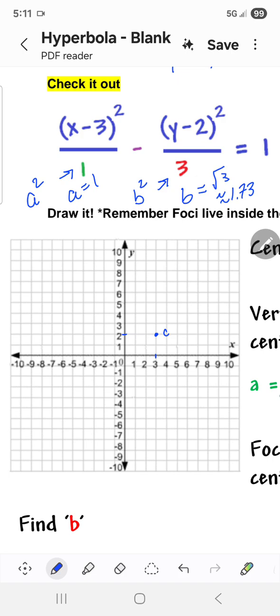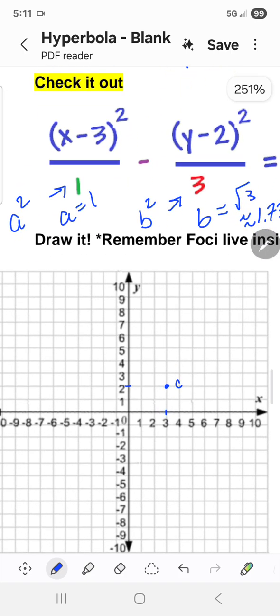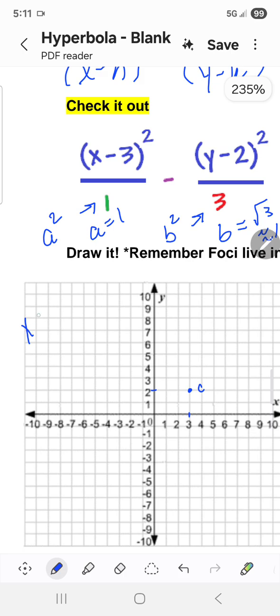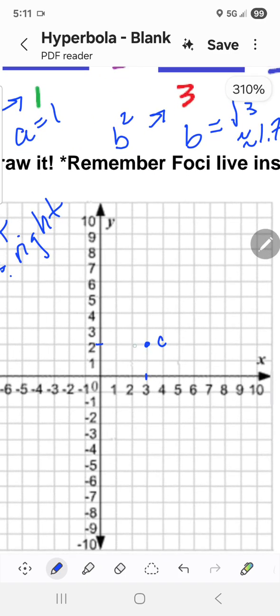Okay, I know that the vertices live a units from center. I know that x is in front. When x is in front, I'm going to open left and right, which means I need to go from the center a units left and a units right.